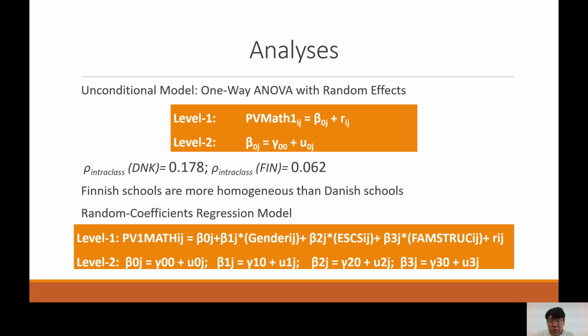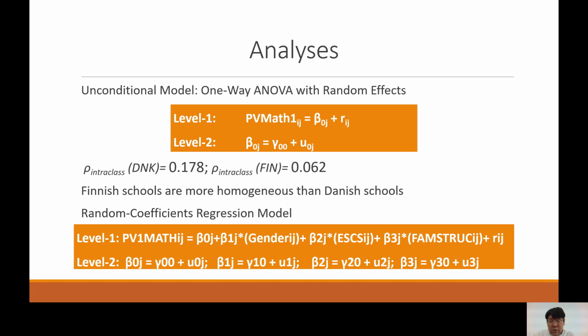So in Danish schools, across schools, there is a kind of fluctuation. But in Finland, schools are homogeneous. Schools are kind of uniform.